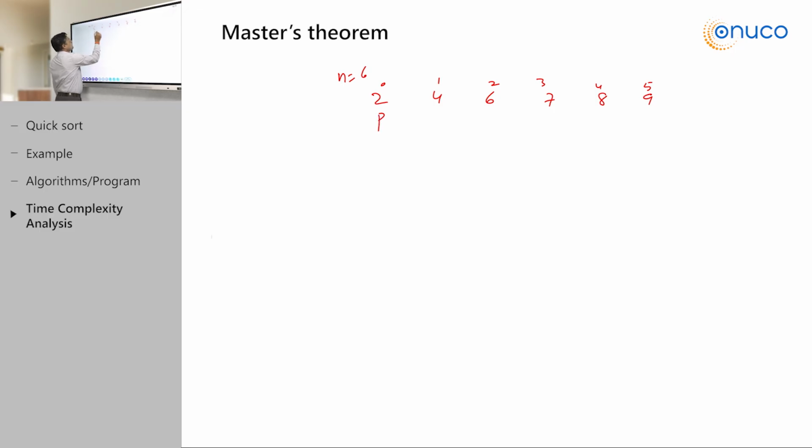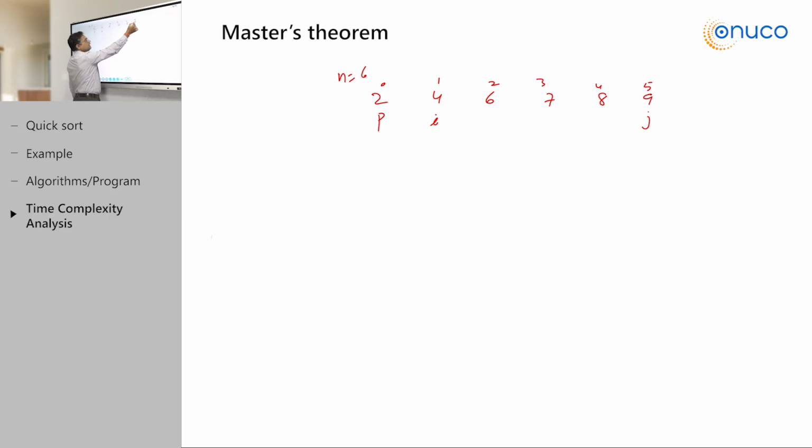So this is the pivot element, this is the I position, and this is the J position. Since you are all aware of the quicksort algorithm now, we can practice it. If A of I is lesser than the pivot, then I will increase. Is A of 1, which is 4, lesser than 2? No. So I will not increase. The second part, we compare with the J element.